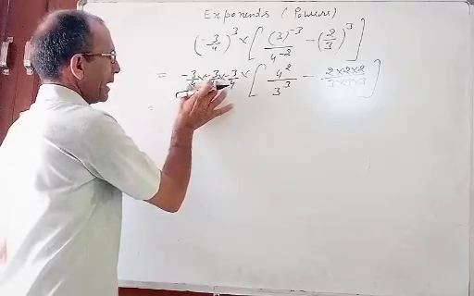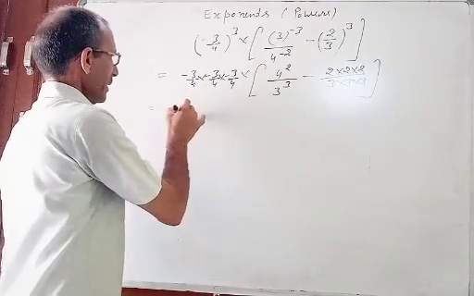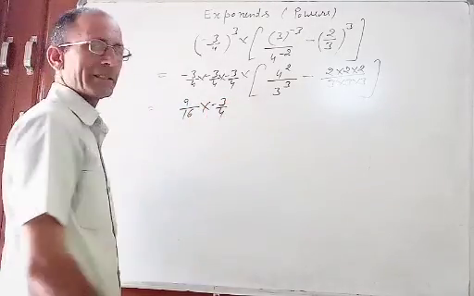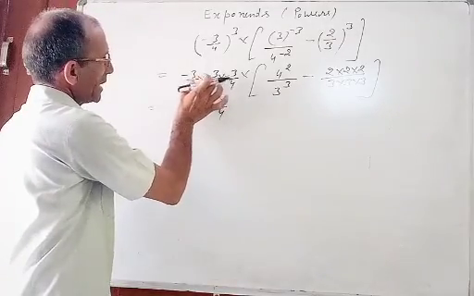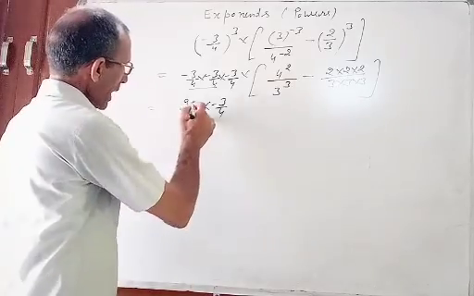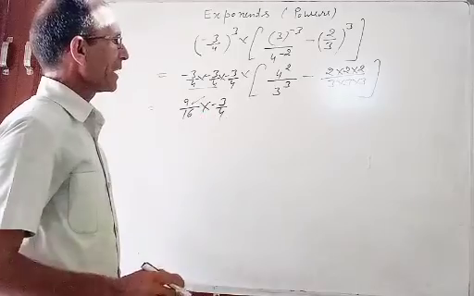So minus 3 times minus 3 is 9, 9 by 16, multiplied by minus 3 by 4. Are you understanding? First I multiplied minus 3 by 4 with minus 3 by 4; minus minus becomes plus. So 9 by 16, and this is minus 3 by 4.